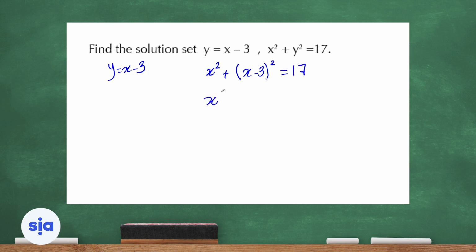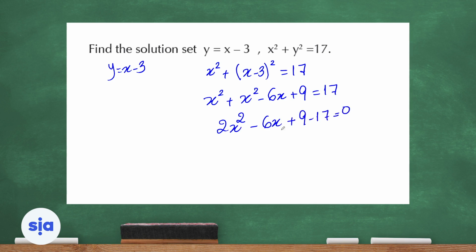So expand: x squared plus x squared minus 6x plus 9 equals 17. It's a quadratic equation. Let's combine the like terms together and put everything on one side to make it equal 0. So here 2x squared minus 6x minus 8 equals 0.